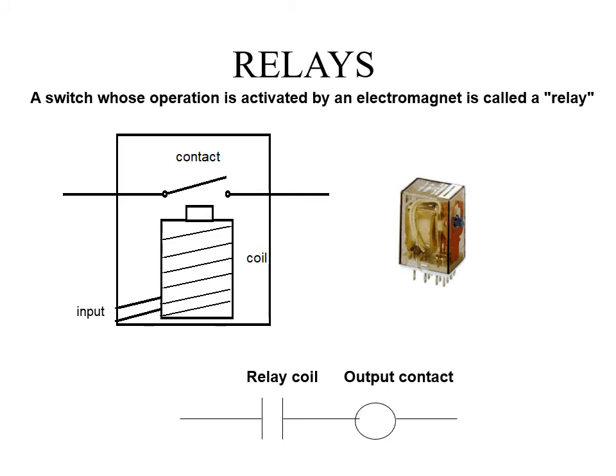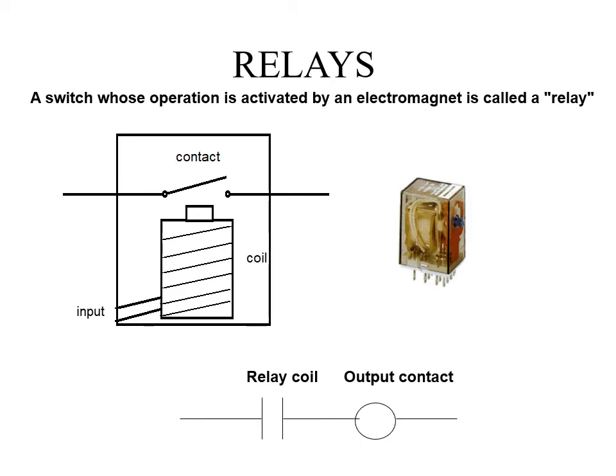Next we have relays. A relay is a switch whose operation is activated by an electromagnet. So you don't actually need to touch the switch in order to turn it on and off. You just need to add power or electrical current to the coil underneath that switch.